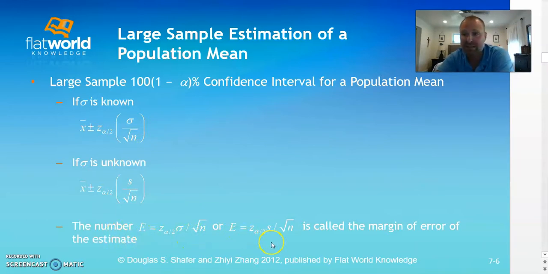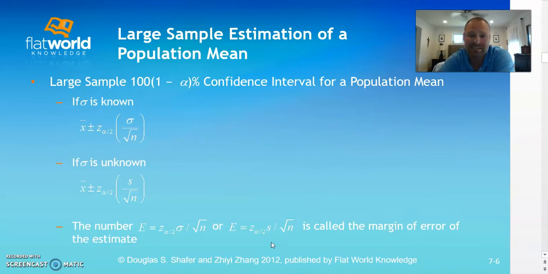So we need to calculate what E is, and then we're going to end up subtracting or adding E to a particular value, right? So the number E equals Z sub alpha divided by 2. What Z is, we're going to talk about in a minute, but Z represents a Z score. It's going to tell us what percentage of our values fall above or below our data, basically.